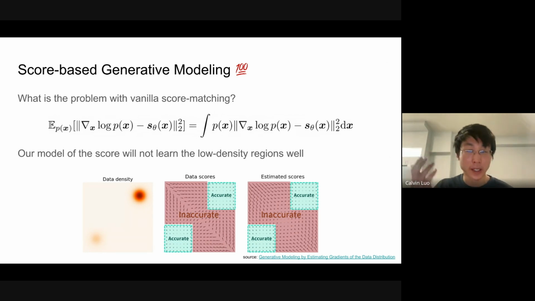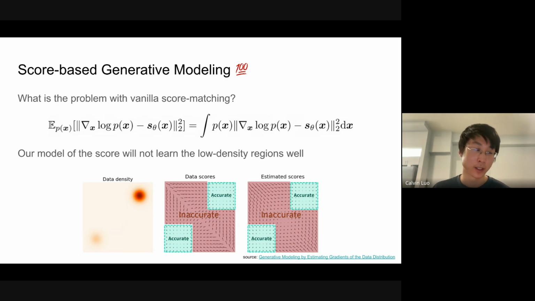and also just thinking about it intuitively, there are some issues, which is that our model of the score will not actually be able to learn the low density regions well. Why not? Well, during our data collection, we generally train on good data that's centered around the modes. We don't actually see very many samples from low density regions.